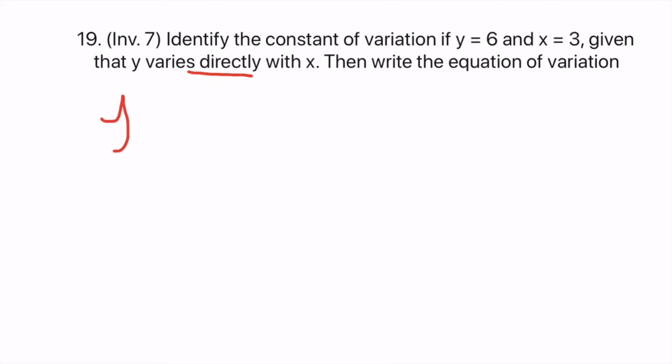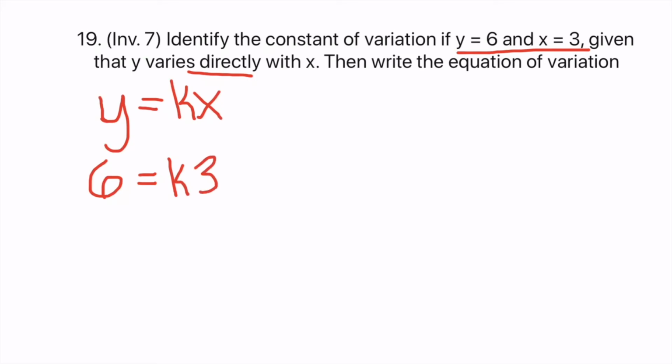We know that formula is y equals kx. So we first start with these two numbers. So y is 6 equals k times x, so k times 3. If we divide both sides by 3, we get k equals 2.